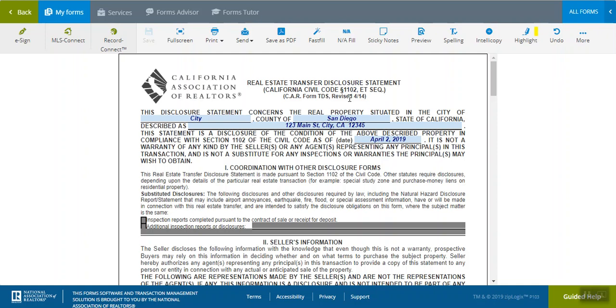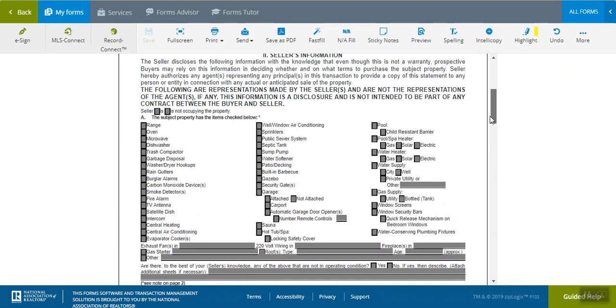The seller needs to mark whether they have any other disclosures and reports to provide to the buyer. Then the seller needs to mark whether they are occupying the property or not, and then check mark any items that transfer with the property to the buyer, such as the range, oven, dishwasher, and so on.